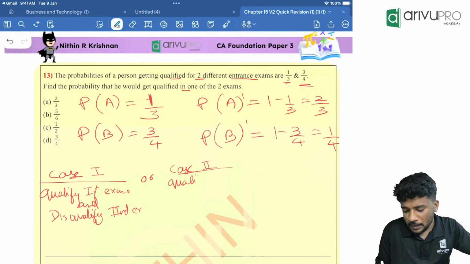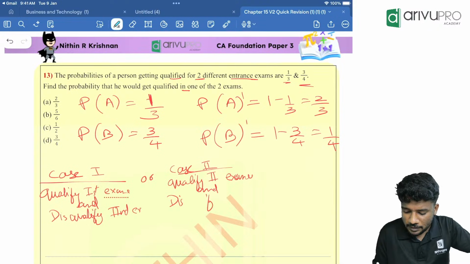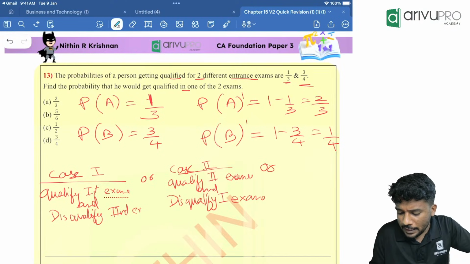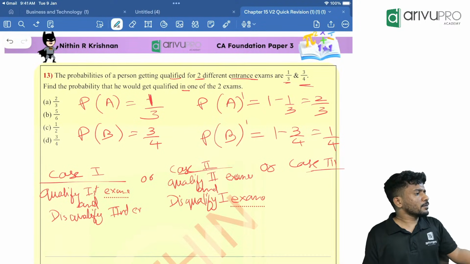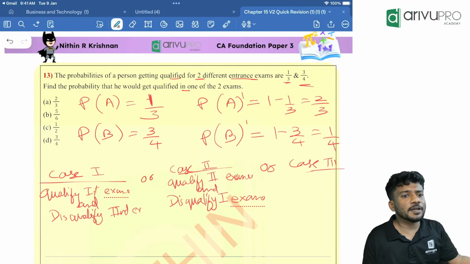Qualify the second exam and disqualify the first exam. Then or case 3 can be what? One of the one exam, he can qualify both the examinations also, right? Yes, he is qualifying both the examinations.